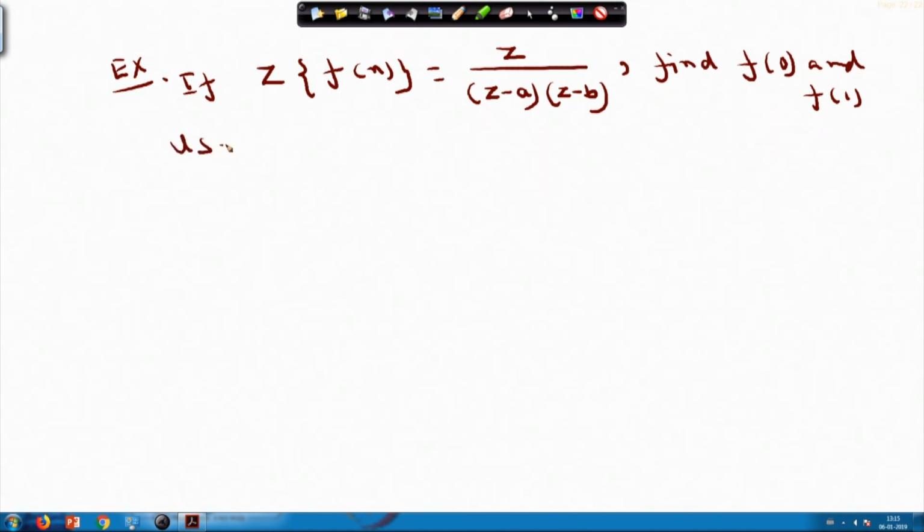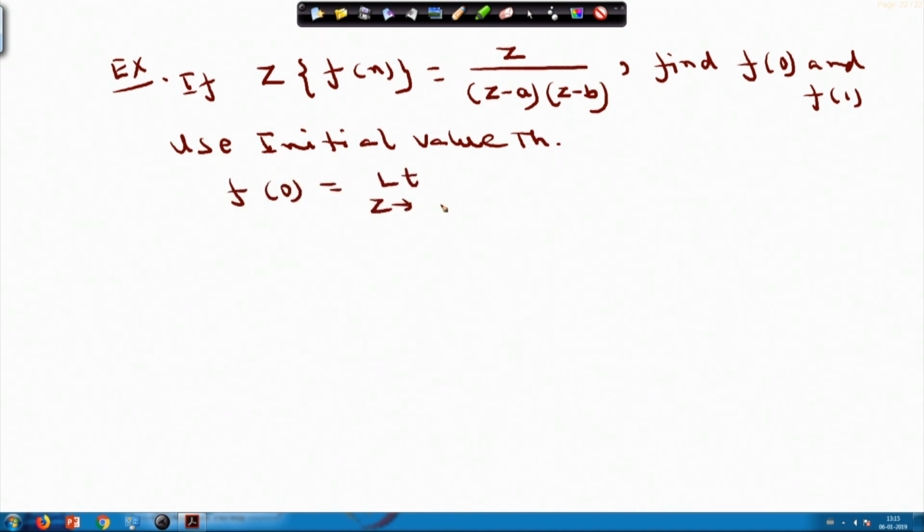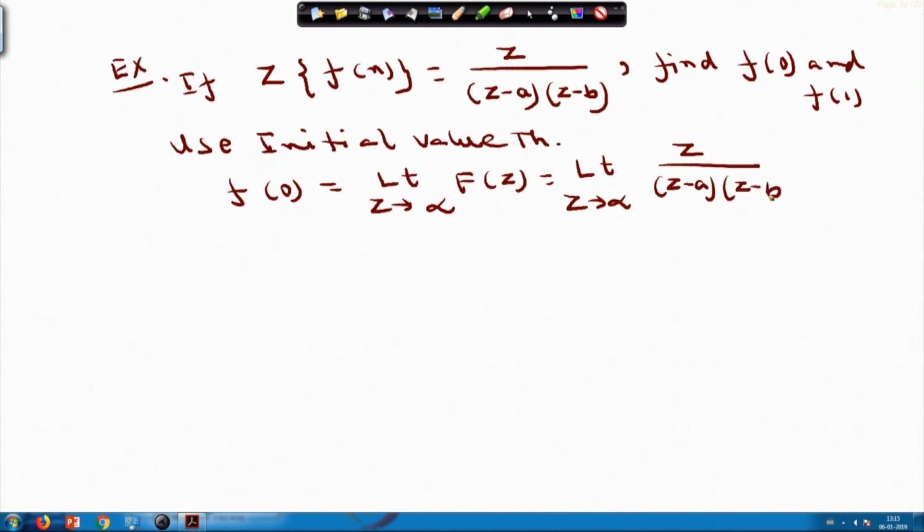Now, you use the initial value theorem. Using the initial value theorem, what can you write down? F 0 equals limit z approaches infinity of F z, and limit z approaches infinity of F z is nothing but z by (z minus a) into (z minus b).